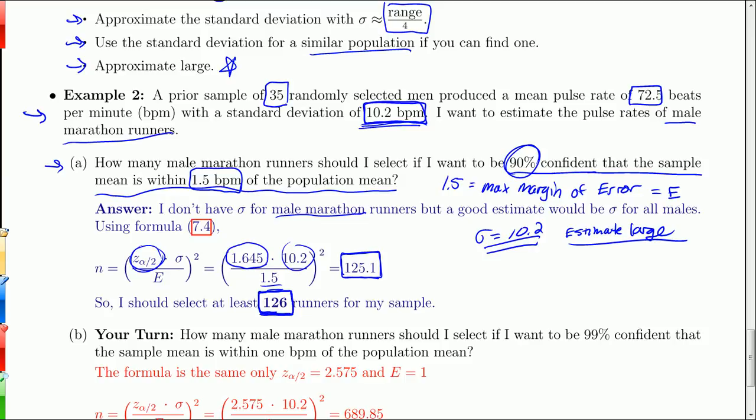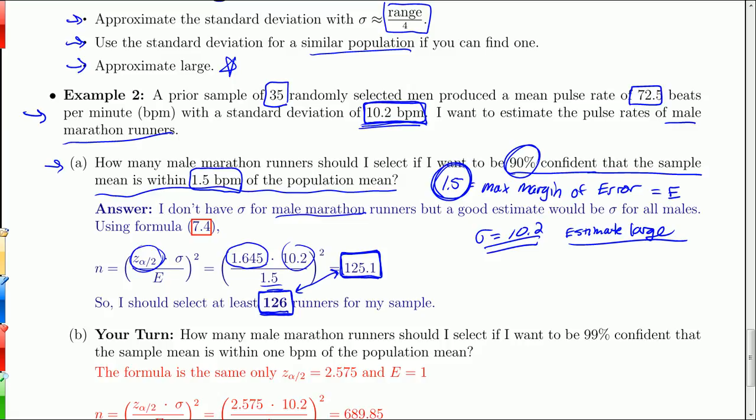So I'm rounding up, right? So if my formula for the sample size winds up as a decimal, I round up to the next integer, right? And if I do that, and I get my sample, and I get the mean from my sample, I can be pretty certain that my margin of error will be 1.5 or smaller.